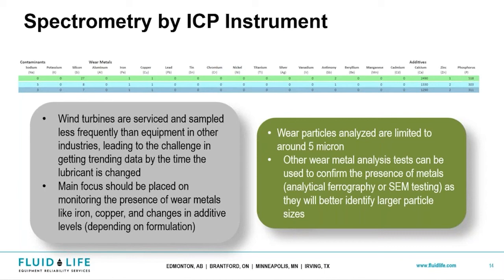It could also be a great way to identify iron content, for example, or tin or chrome, things that we tend to see in results with wind specifically.